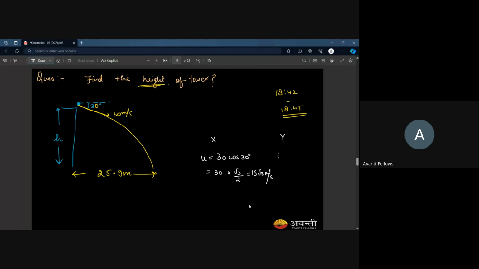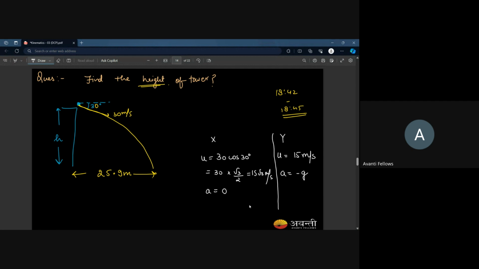And similarly, you have some initial velocity in y-axis as well. And it is your 30 cos 60°, which is 15 meter per second. Is that okay? There is no acceleration in x-axis and there is negative acceleration in y-axis. Okay? Right? Ma'am, not understood.